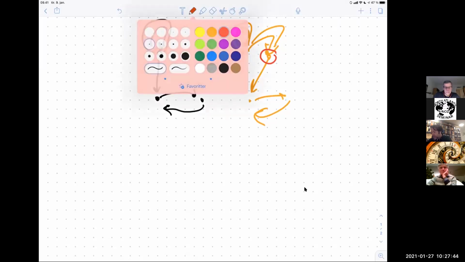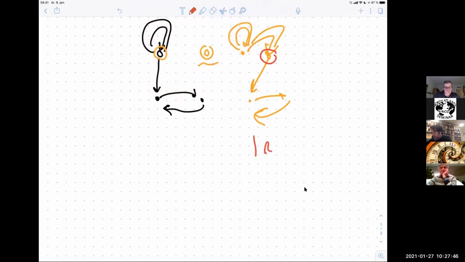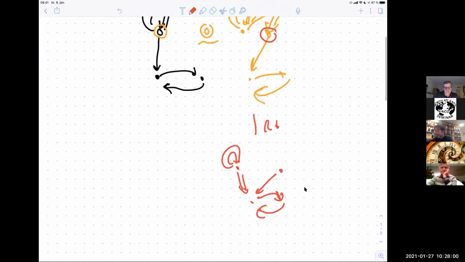And now I can do, in red, an R plus, where I just remove this like this, and I have this and that. And then the R plus move tells me to take an extra source and put that in.